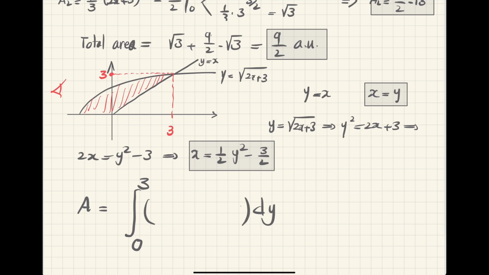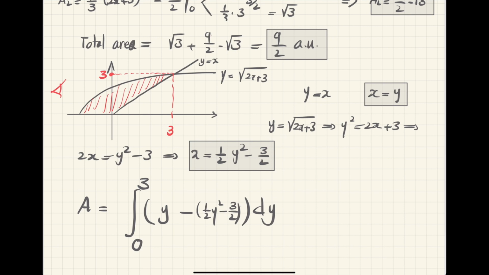And what is the rightmost function? The rightmost function is this function. How should I write it? I should write it as y, not x, minus the function which is to the left. What should I write? I should write this function. So it becomes minus 1/2 y squared minus 3/2.